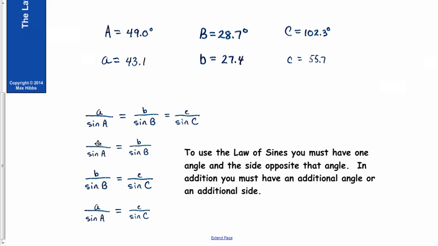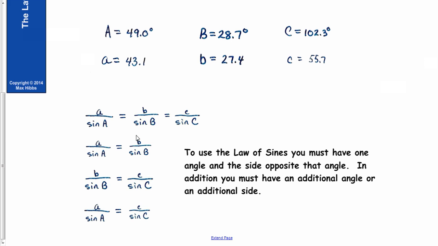Well, if we're looking for this piece, then we've got to know these two pieces, B and angle B, and that's an angle and the side opposite of it. Or if we're looking for angle A as an example, then we'd have to know the other three pieces, and that means we'd have to know side B and angle B, that is an angle and the side opposite.